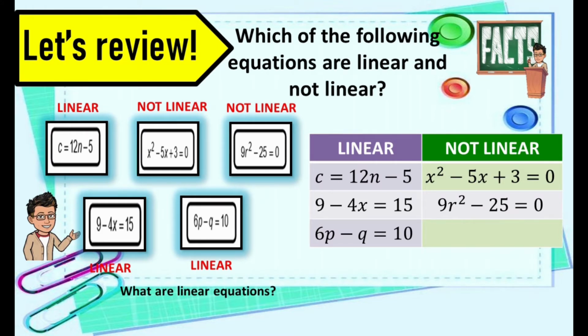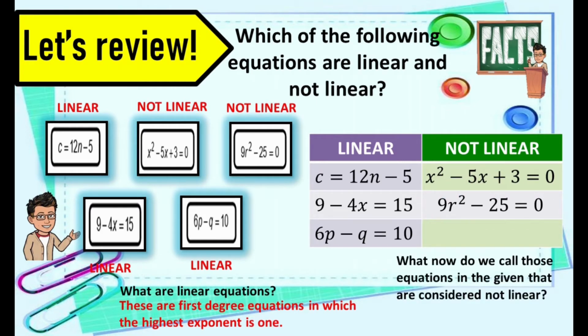Now, let us try to define what are linear equations. Of course, these are first degree equations in which the highest exponent is 1. Now, I want you to look on the not linear side and observe the equations that we put there.